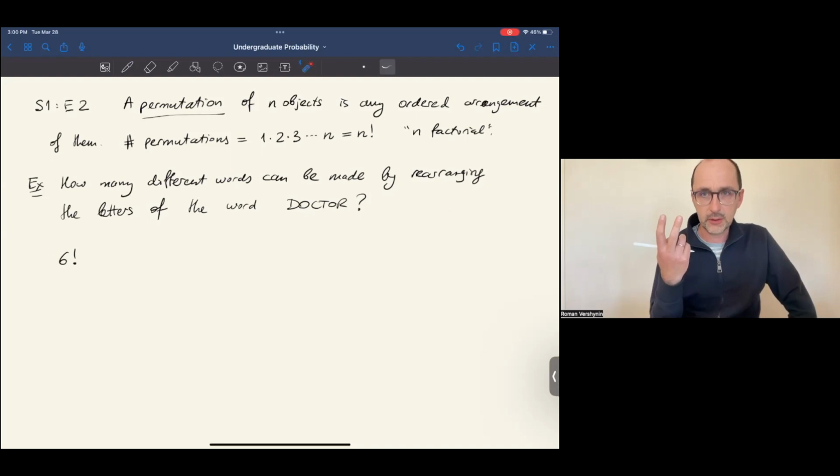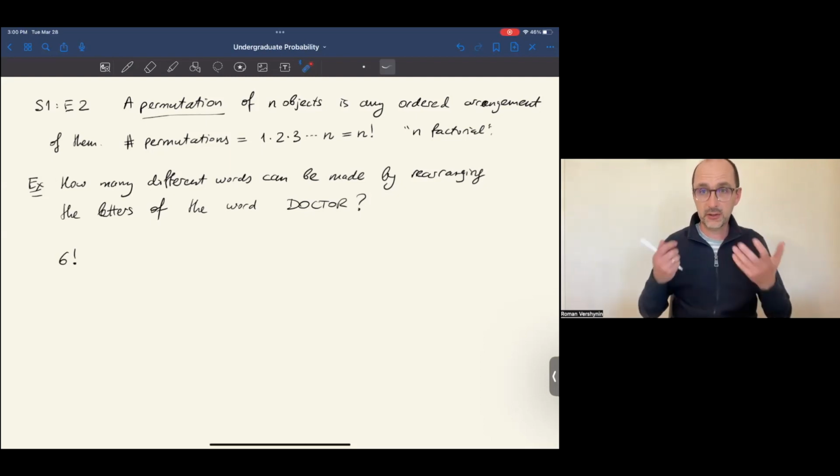It's an identical word. But we counted it as a different permutation. We did it for every permutation. We counted every permutation twice. And that's why 6 factorial leads to an overcounting of the actual number of permutations by a factor of 2.